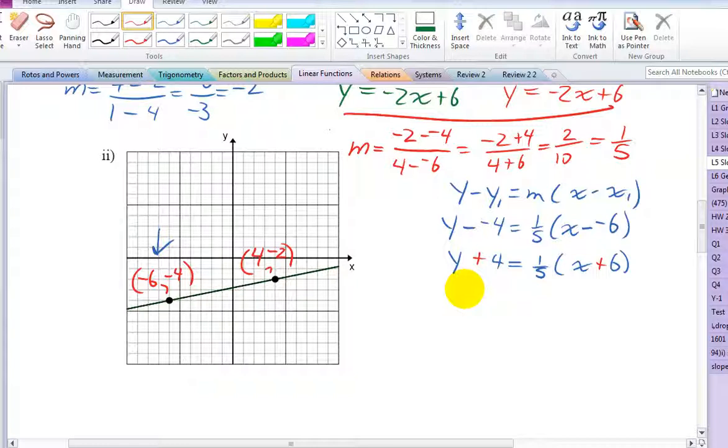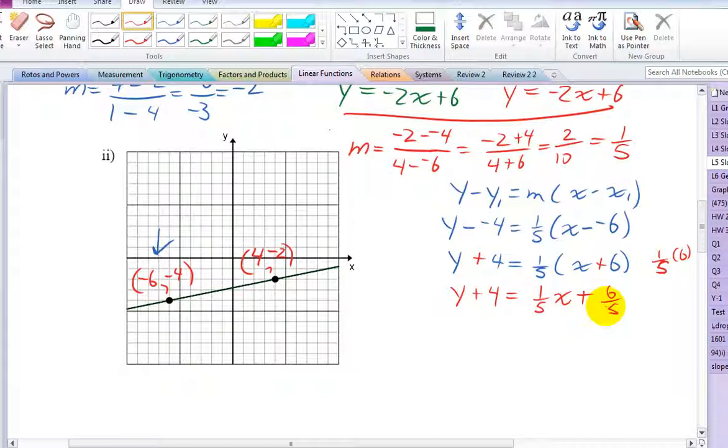Okay. So then multiply it together. Get rid of your brackets. 1/5 times x plus, what's 6 times 1/5? Well, 1/5 times 6 would be 6/5.